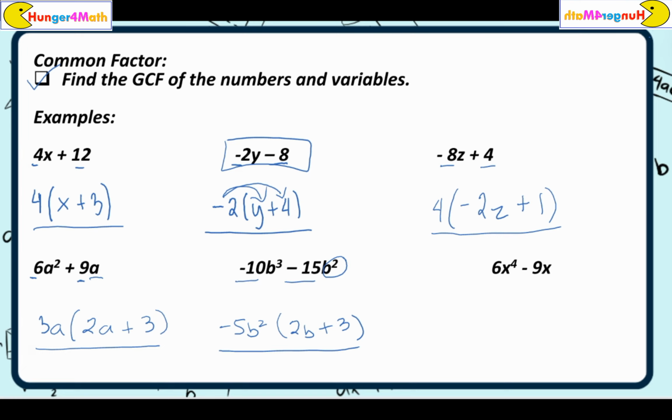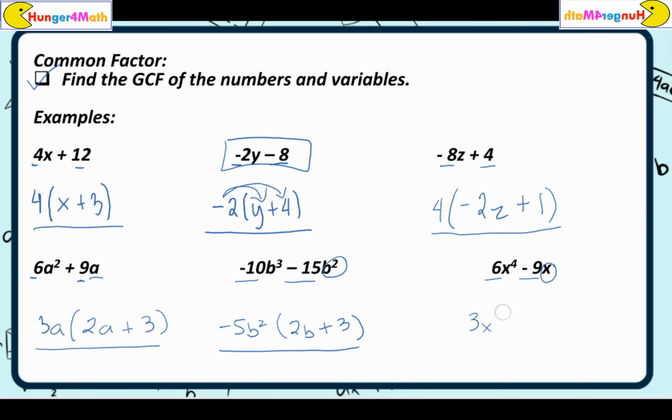Next, we have 6x to the power of 4 minus 9x. The GCF of 6 and negative 9 is 3. Now we have x to the power 4 and x. Once again, we're going to get the variable with the lowest power, and that is only x. So the GCF is 3x.